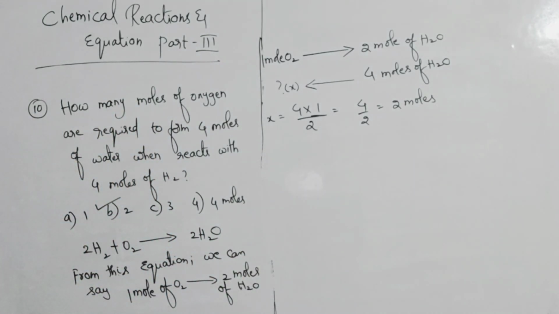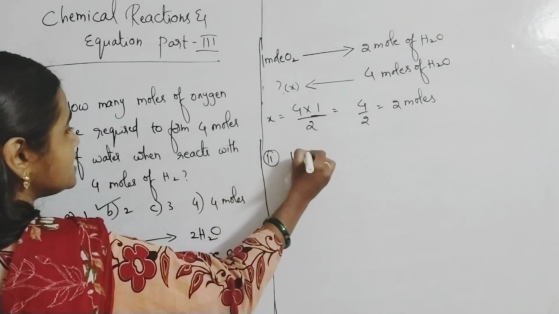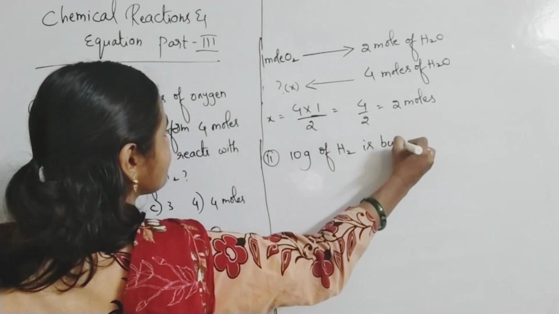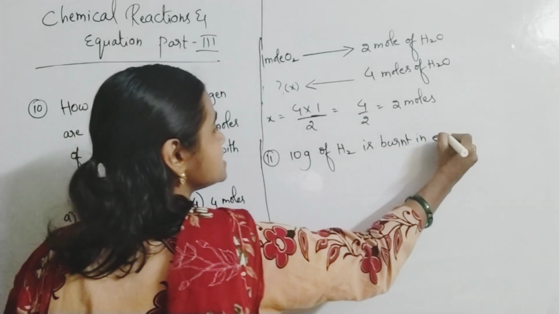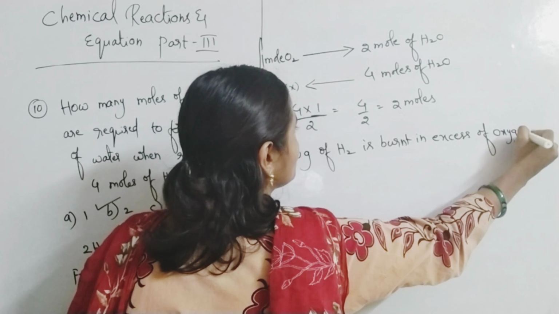Okay, next, one more question, the same as this. Question number 11. 10 grams of H2 is burnt in excess of oxygen to get water.